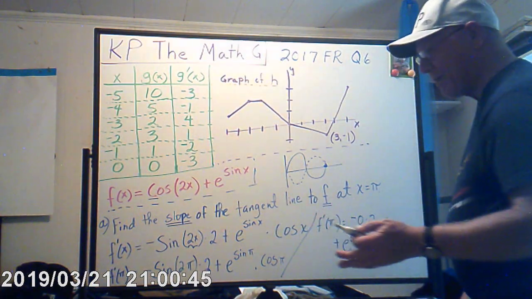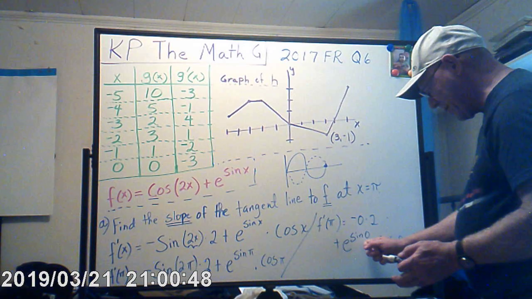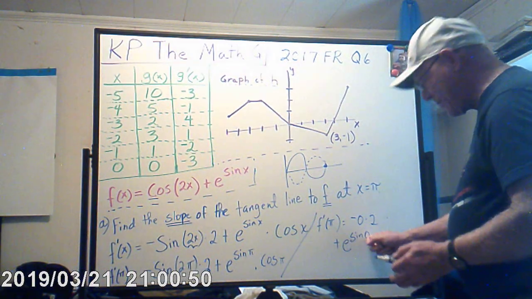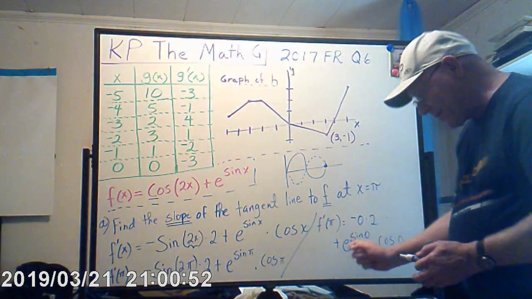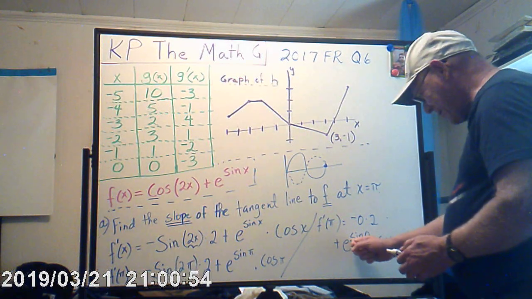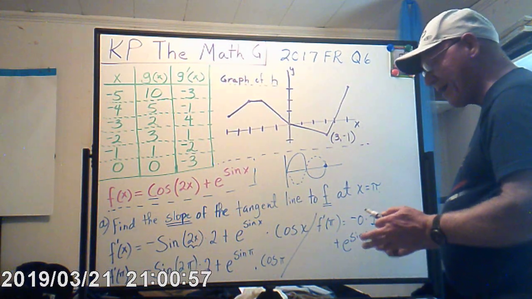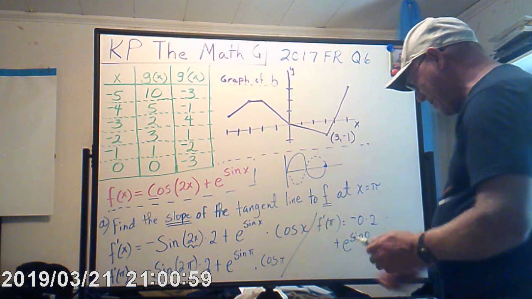Now if you know your table, that would be easy. Sine of 0 is 0, but e to the 0 is 1. Don't make this 0 here. Sine of 0 is 0, but this is e to the 0.